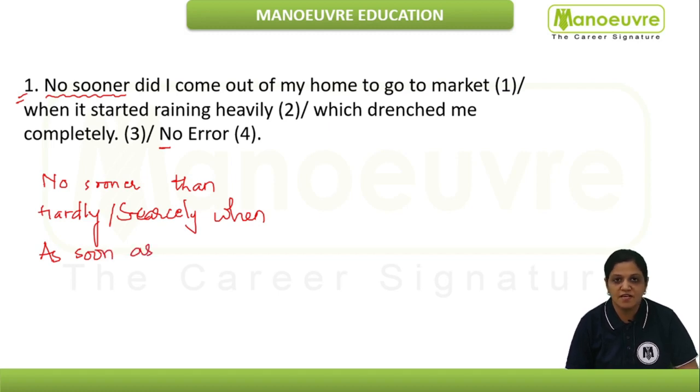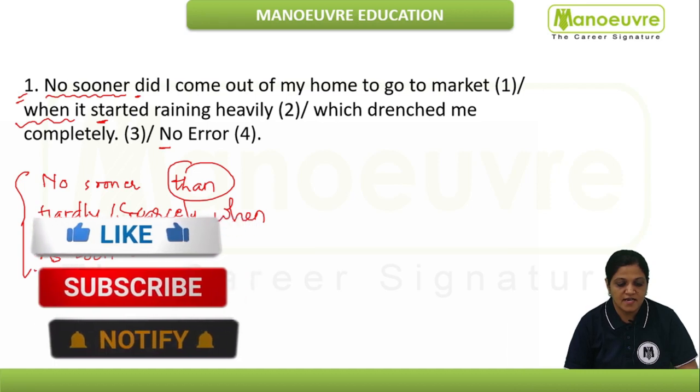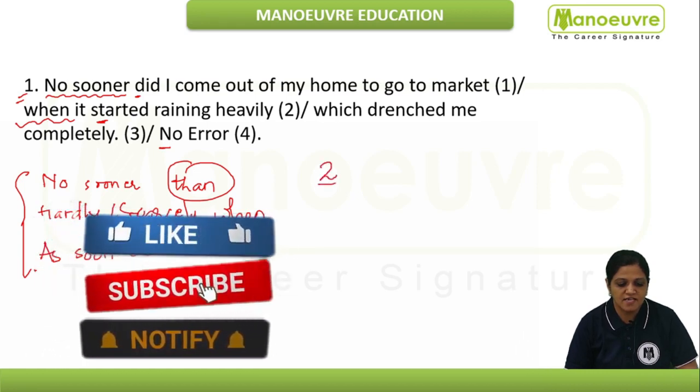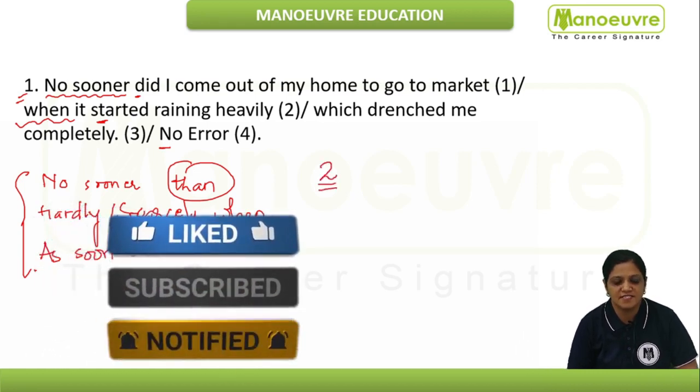This is our basic knowledge. We know how these words are used together. So here, no sooner did I come out of my home to go to market. As you can see, this second incident has just taken place after the first part of the sentence. So here, instead of when, the word which we are going to use is then. Hence we can conclude that there is the error in the second part of the sentence.